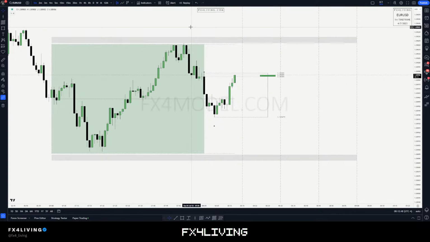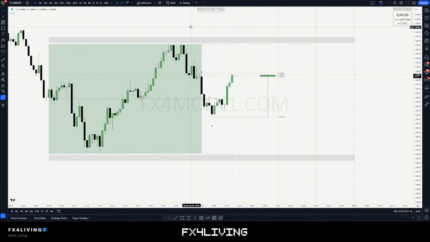A nice setup in GBP USD. I don't trade GBP USD because I'm a huge fan of Euro USD. I like the spread. When you trade a bigger lot size, you want better spread, of course. And if you don't trade demo, you want to reduce those fees at least.